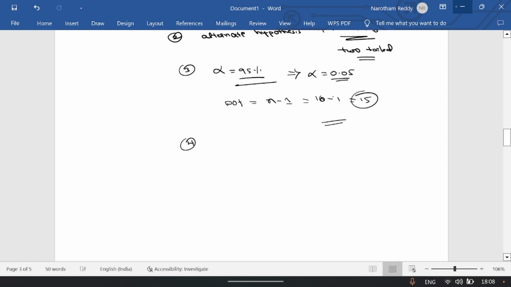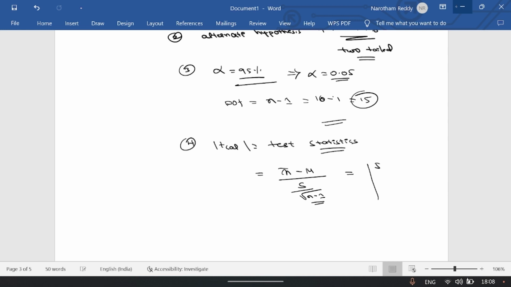Now step 4, calculated value, test statistics equals x bar minus mu by standard deviation by under root n minus 1. Here x bar as 53 minus mu as 56 by standard deviation 3.16 by under root 16 minus 1, which gives 3.67.